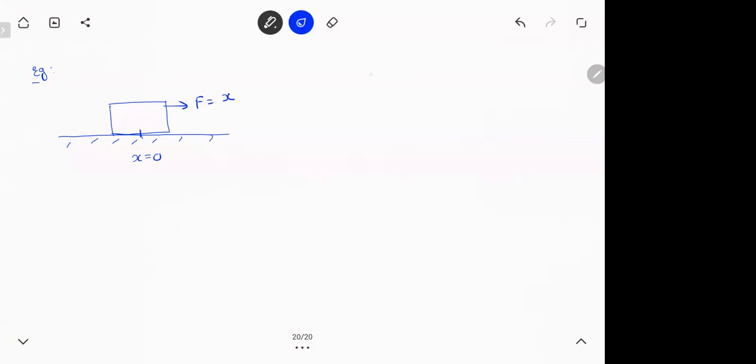They'll ask you to find the work done when it moves from x is equal to 0 to x is equal to 2. Okay, so remember the work done formula? F into x, displacement. But here we will change it now. It is f into ds. This is small displacement.